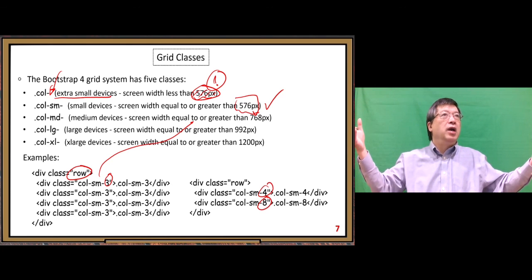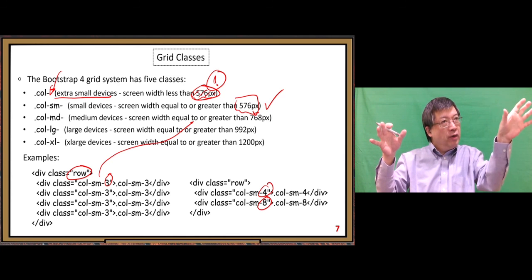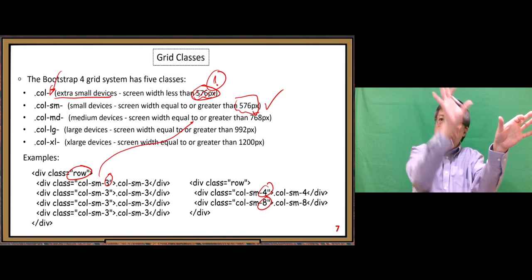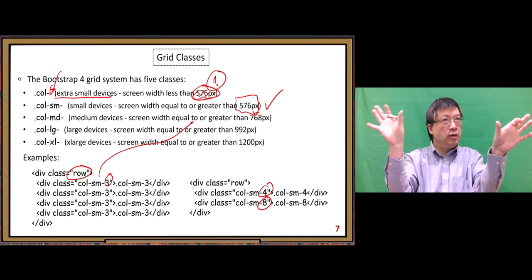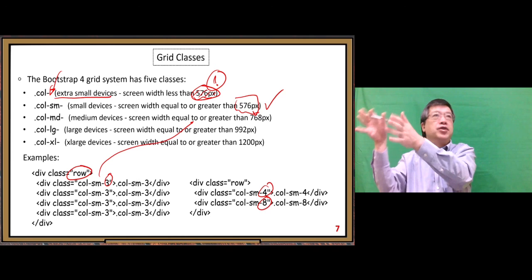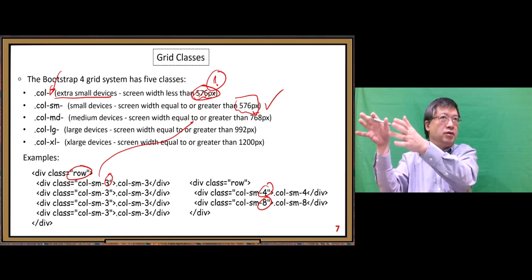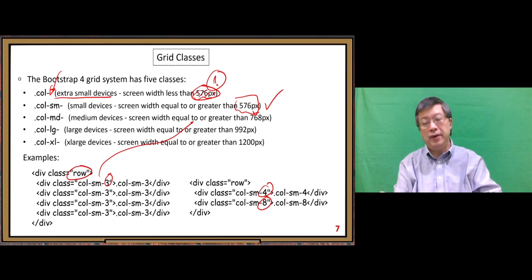If you do a span 4 component and a span 6 component, then the remaining 2 columns are empty space. You do not put anything there. You just leave that space there. It is okay.